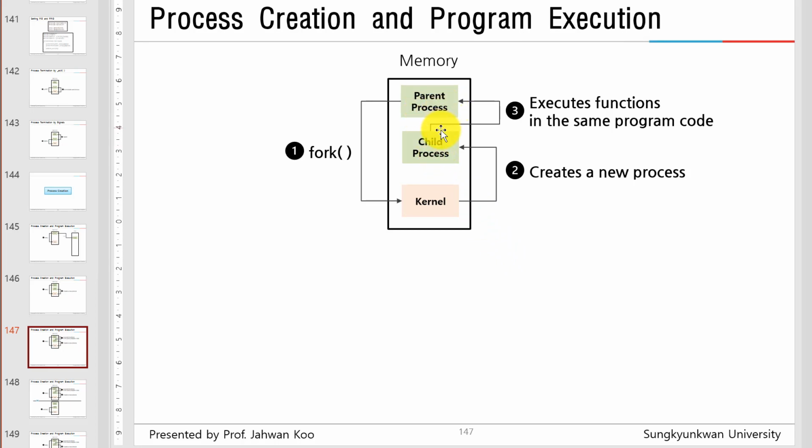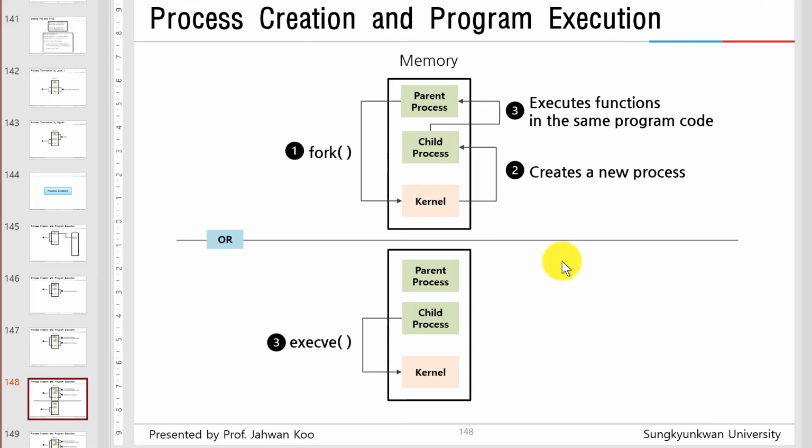Step 3. The child process can execute a different set of functions in the same program code as the parent. There is another step 3, as you can see in this picture.